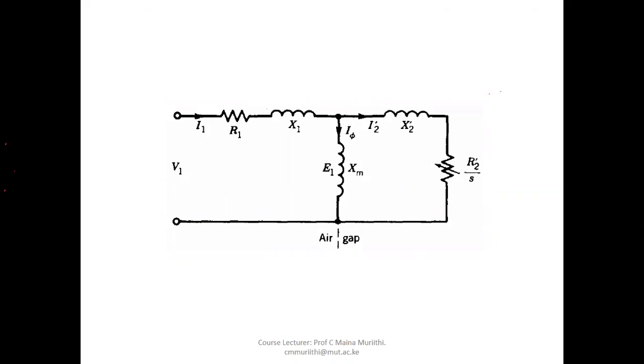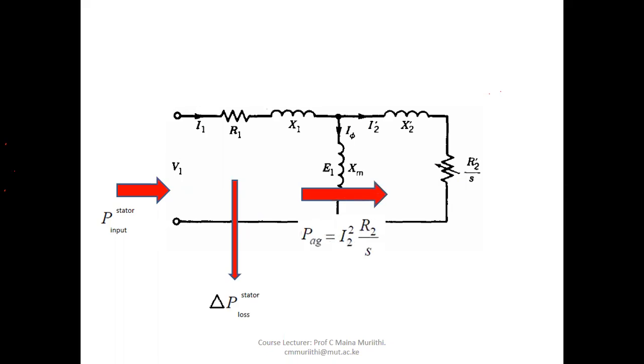This circuit is fairly accurate in all calculations involving three-phase induction machines. Generally, the power flow will be as follows: power input from the stator. Part of it is lost in the stator as stator copper losses. Whatever remains is what we call the air gap power.